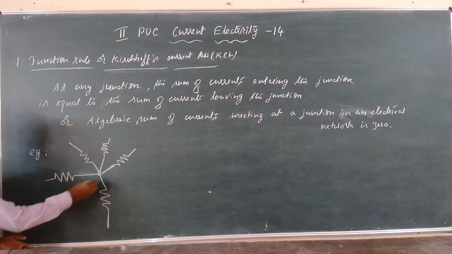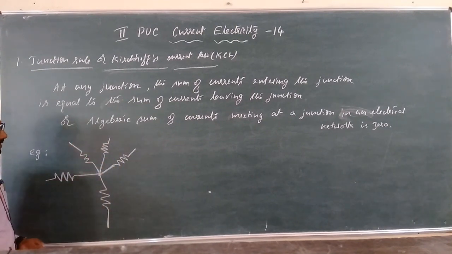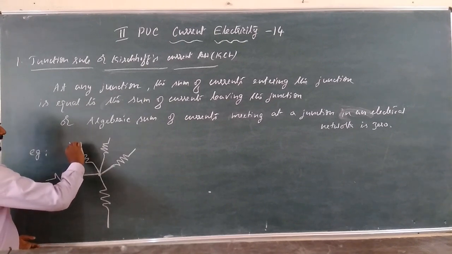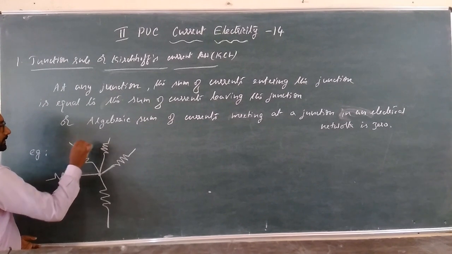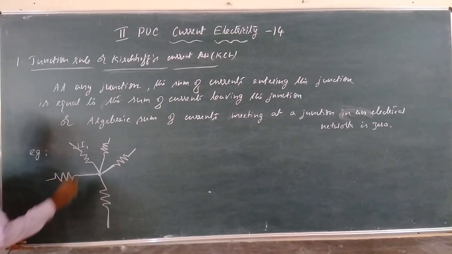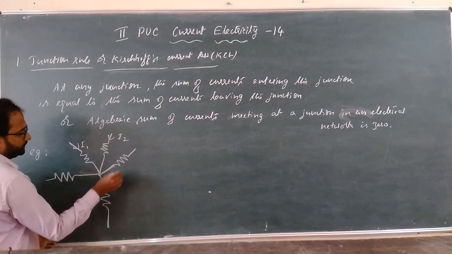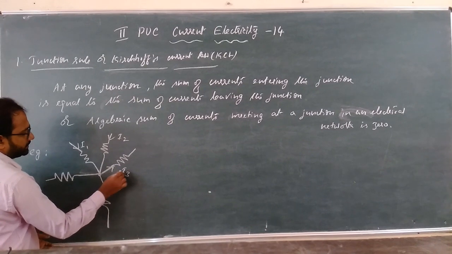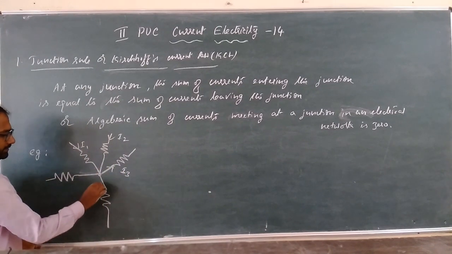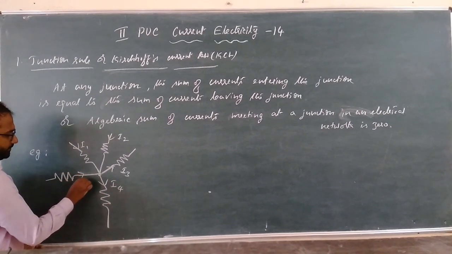Okay, so this is a junction where the 5 components, 5 resistors meet. Say current flowing through this resistor is I1, it is entering the junction, this is I2, and say in the third resistor current is flowing out of the junction, here it is I4, here it is I5.